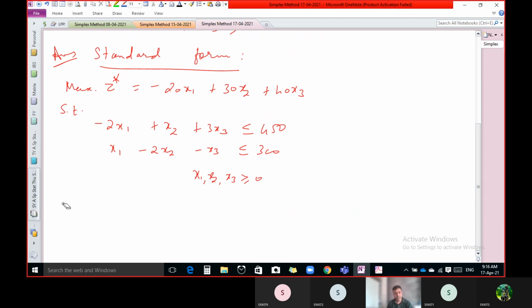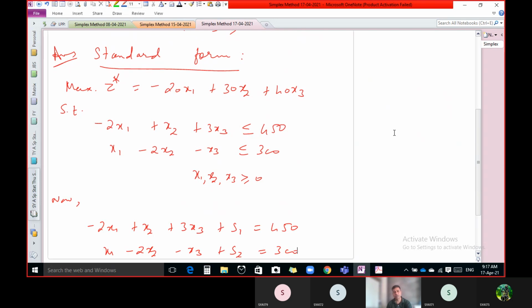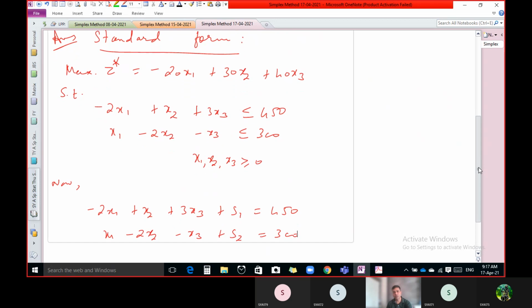Okay, so once again, you can convert this less than or equal to sign into an equal to sign by adding a slack variable. Plus s1, second one x1 minus 2x2 minus x3 plus s2 equal to 300, and we know that we have to write this s1 and s2 in our maximize objective function with zero coefficient.